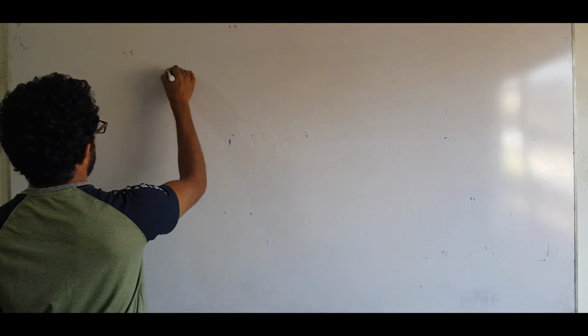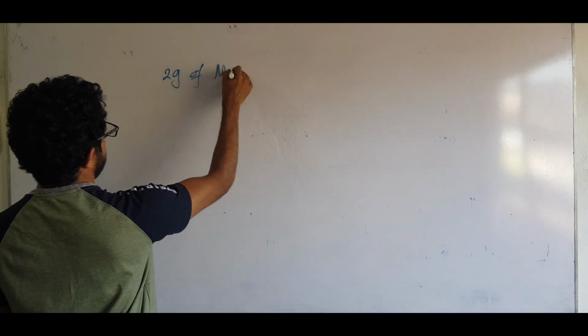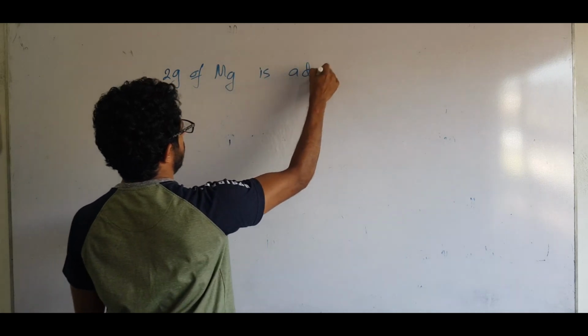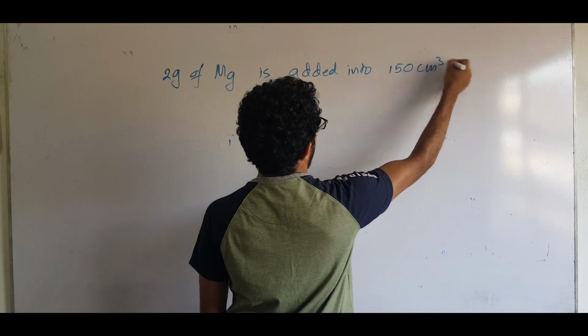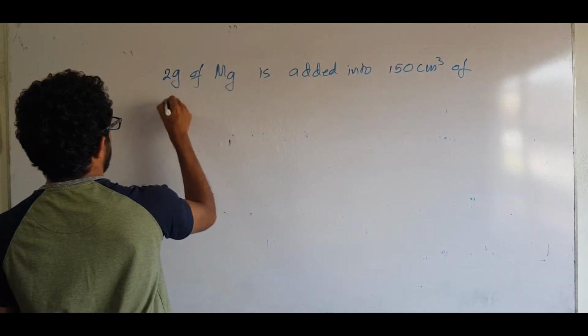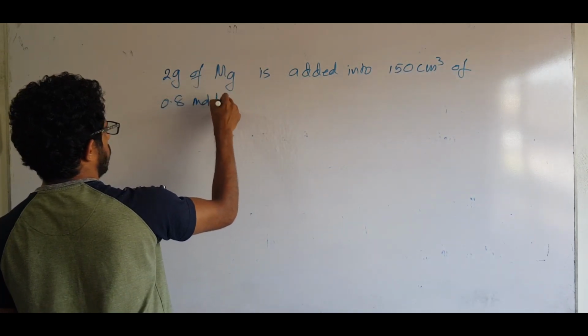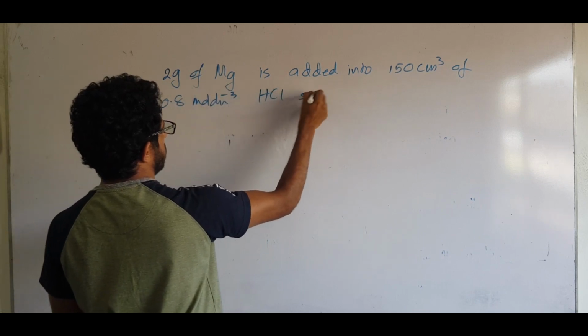2 gram of magnesium is added into 150 cubic centimeter of 0.8 mole per decimeter cube HCl solution.